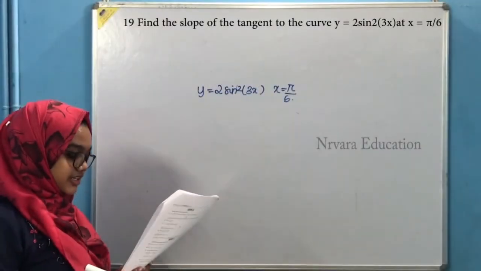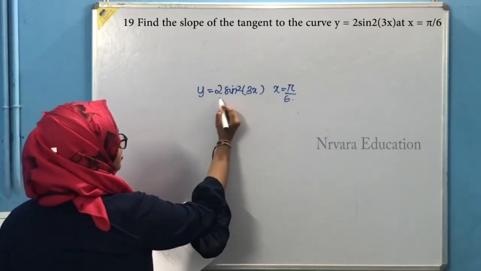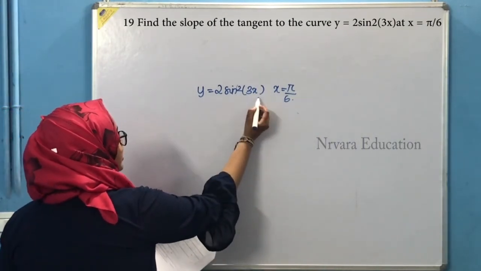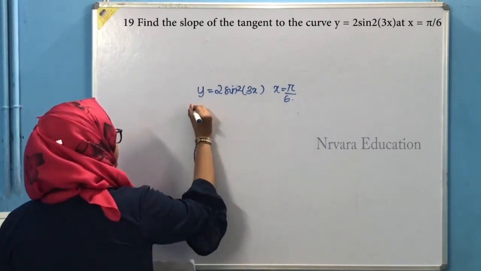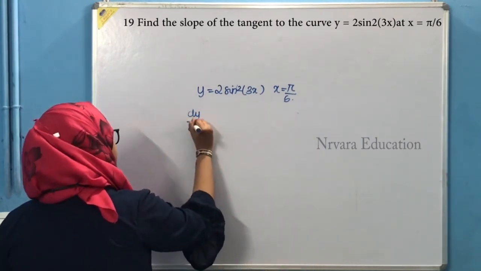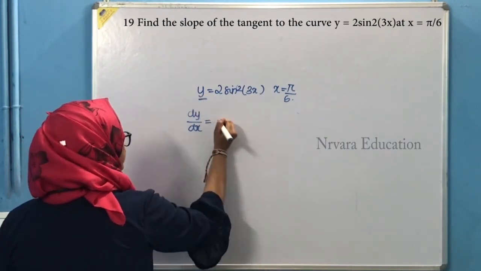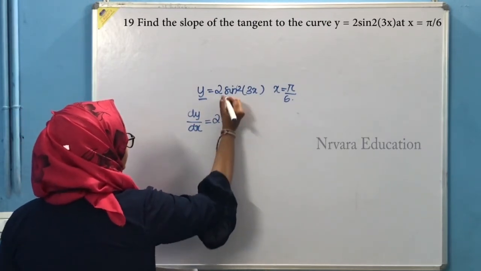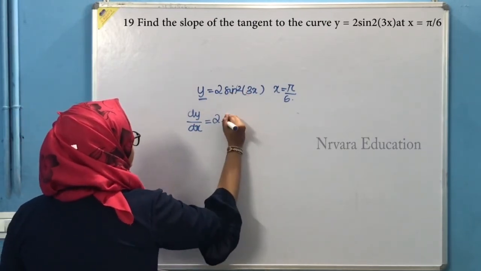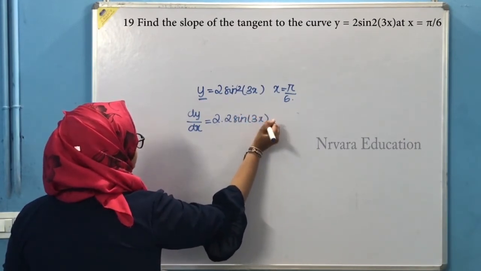In question number 19, we are supposed to find the slope of the tangent to the curve y equals 2 sine square 3x, where x is given as pi by 6. Now, slope of the tangent will be dy by dx, that is differential of this. So, when we differentiate it by using the chain rule, that is 2 into the exponent, which is 2 sine 3x.